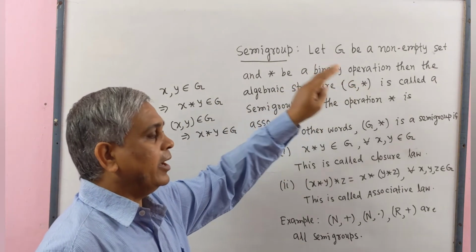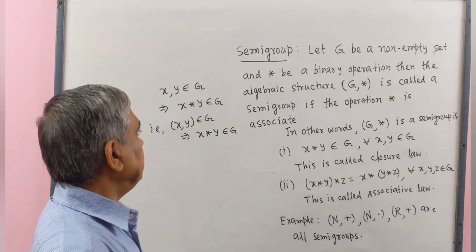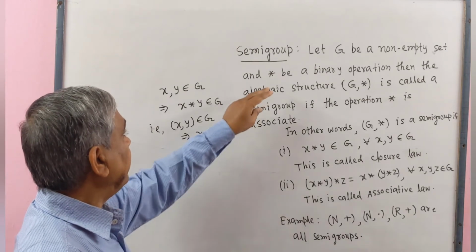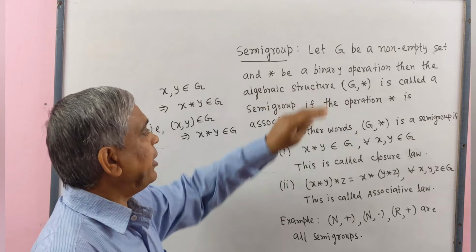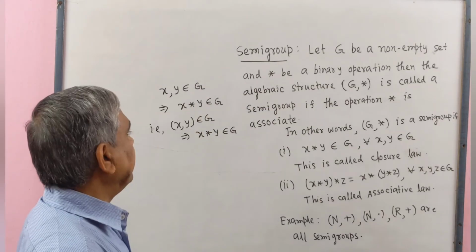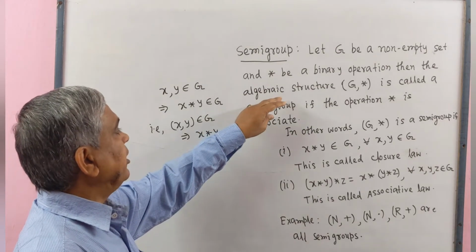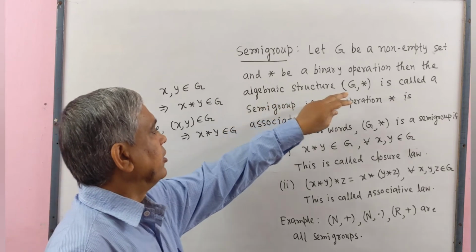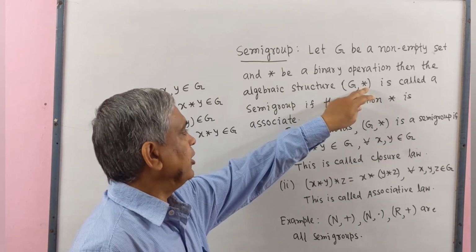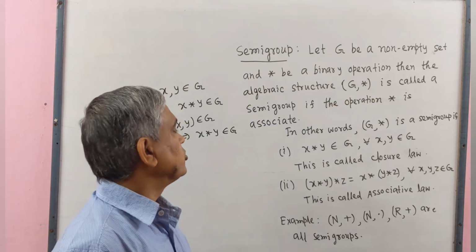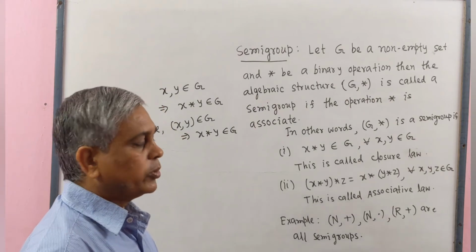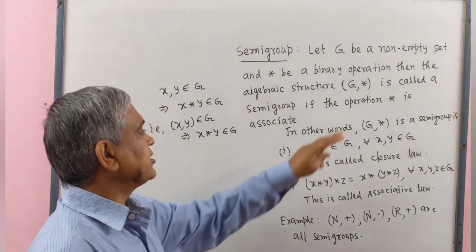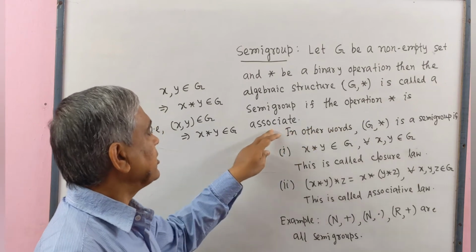Let G be a non-empty set and star be the binary operation, then the algebraic structure G with binary operation star is called semi-group if operation star is associative.